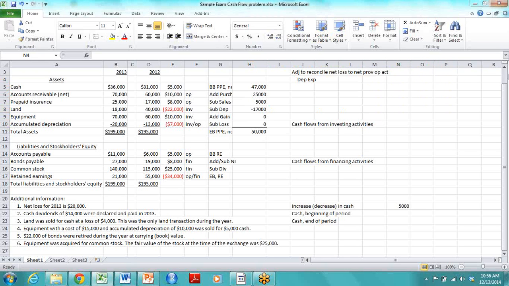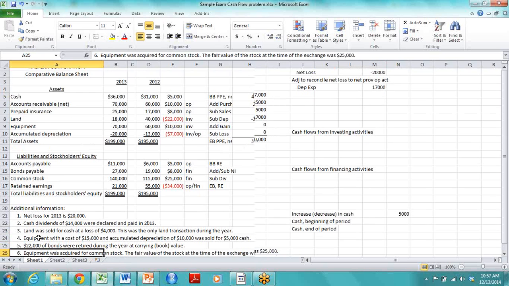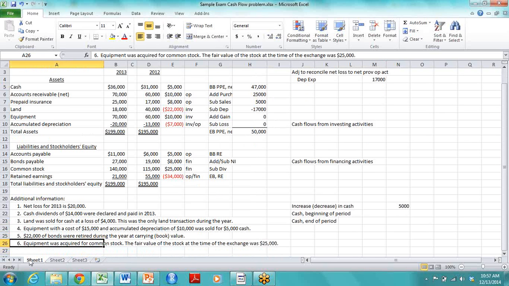And remember, we're going to add depreciation, so we're going to add that $17,000 back to our adjustments to reconcile net income to net cash. And the $25,000 here is just because we exchanged our own common stock for equipment.